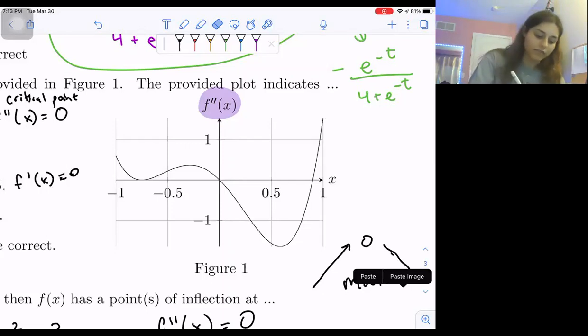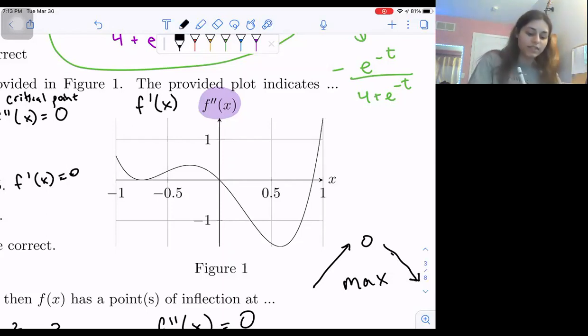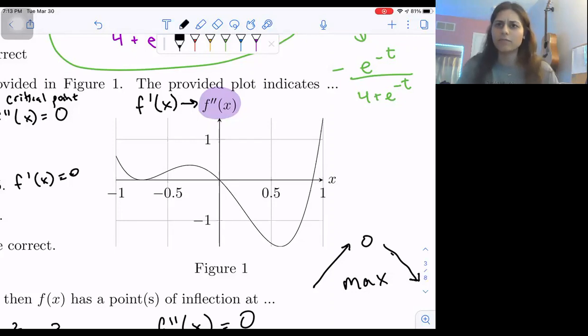When our original graph is f of x, we took the derivative to find f prime x, and took the derivative again to find f double prime x. We only took one derivative from f prime x, right? Don't let this trip you up. When we take one derivative to get to f double prime x, we're taking the first derivative.